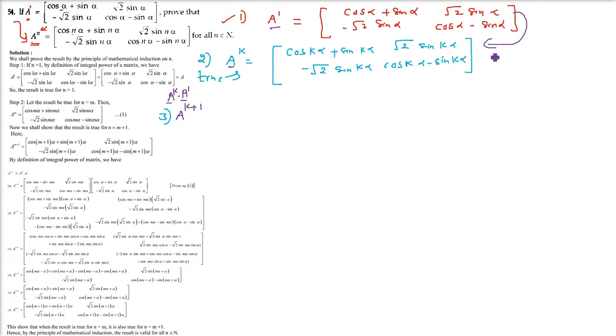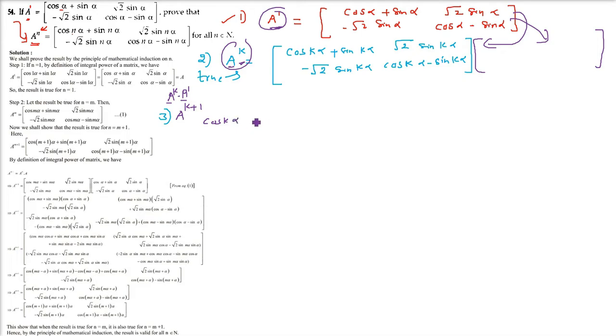So we are multiplying these two now. I am writing this A raised 1 here, the red one, and I am multiplying it. So this is the multiplication of A raised k into A raised 1. First row of A raised k and first column of A raised 1 I am writing.